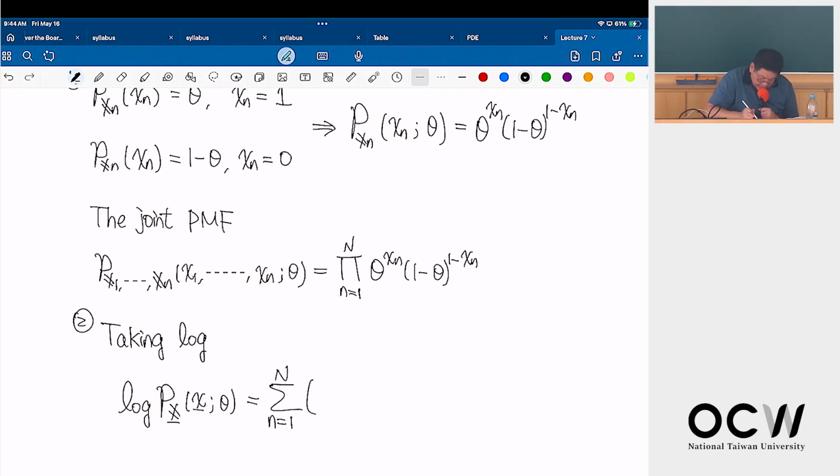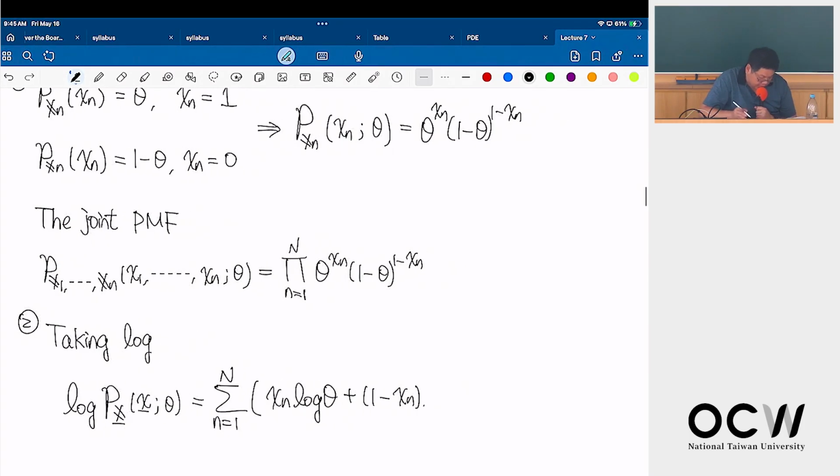So I have xn log theta. That's the first term. The second term, that'll be 1 minus xn times log 1 minus theta.